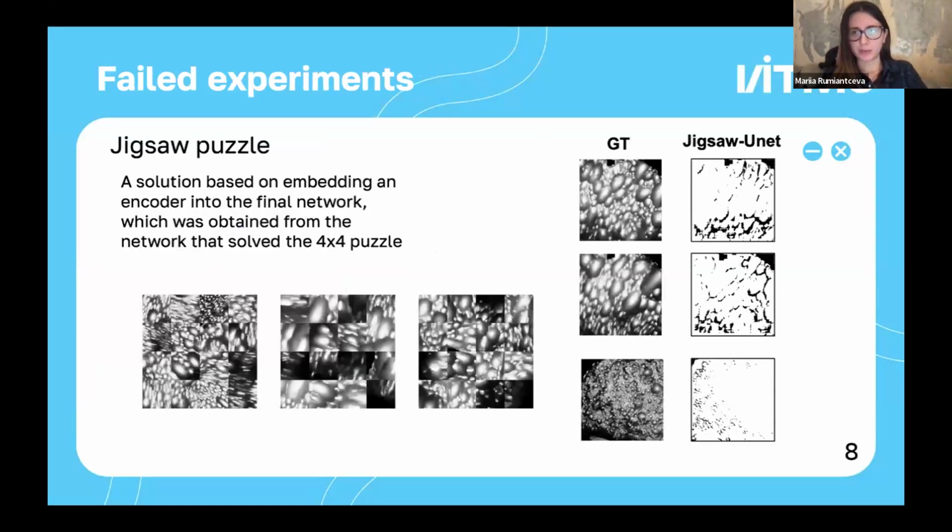We ran several experiments with different pretext tasks, and we will start with one unsuccessful experiment. This is a commonly used problem, the jigsaw puzzle. We have an image that we divided into several pieces and rotated the pieces, and the task of the network is to solve this puzzle.